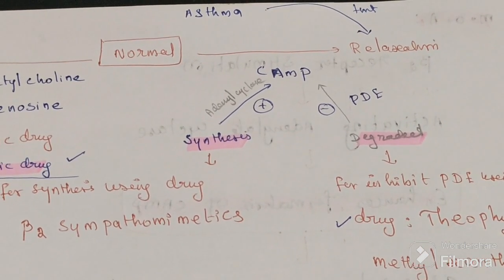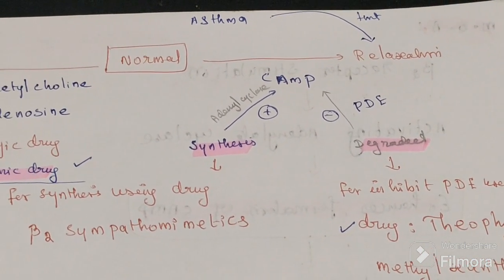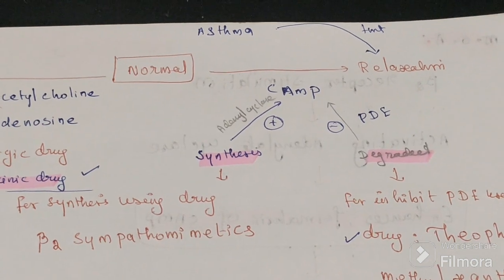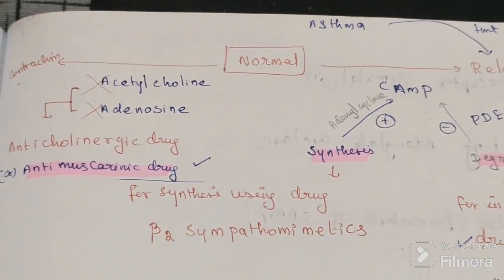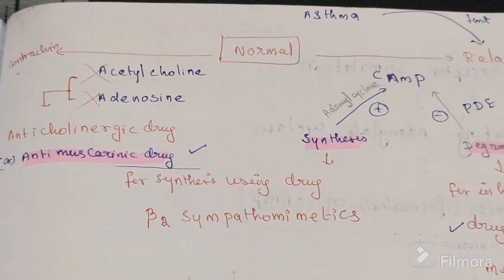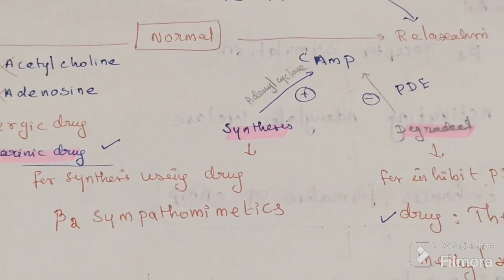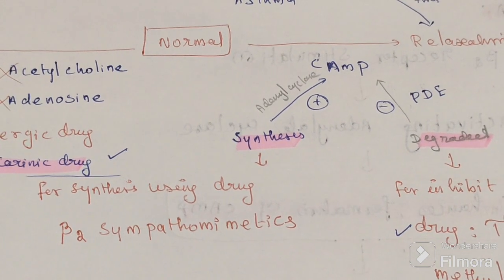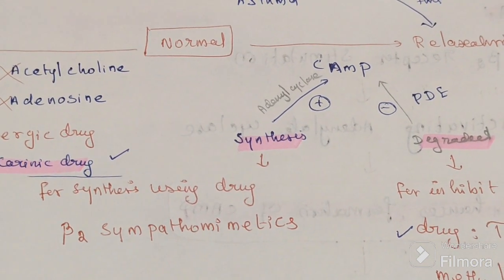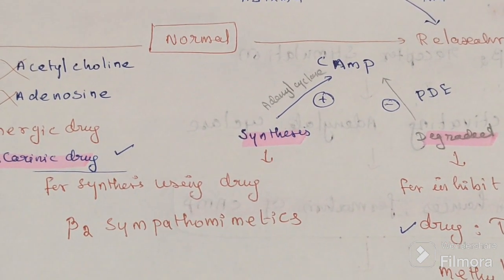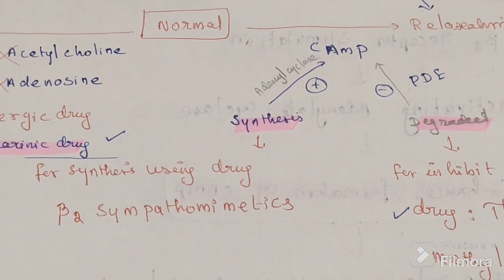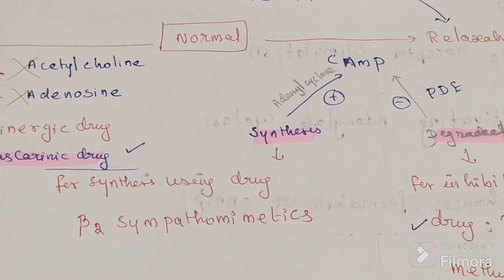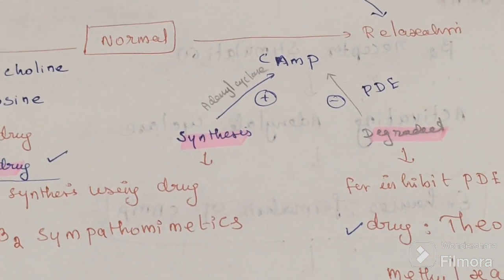So we want to increase cyclic AMP: more synthesis, less degradation. So give a drug that stimulates adenyl cyclase and give a drug that inhibits phosphodiesterase.